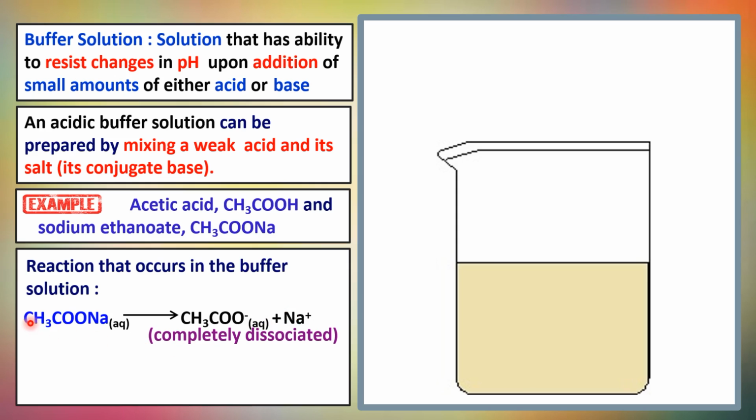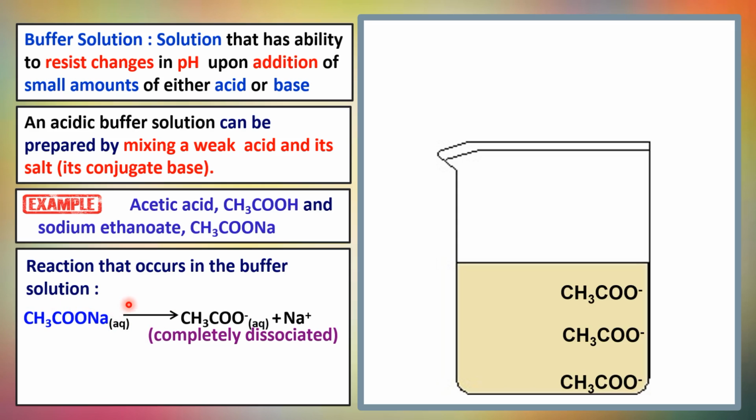That's why this reaction is irreversible, and the arrow that we use here is a unidirectional arrow, or forward arrow. Meaning there is no more salt left in the buffer solution.